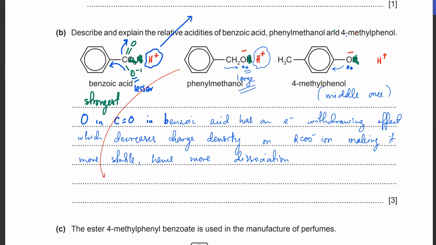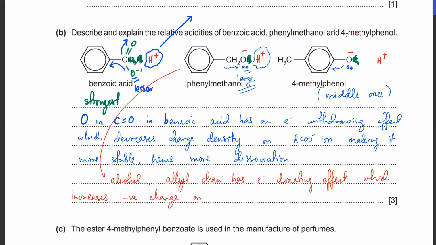So you can talk about this, that this is an alcohol. And you can say that the alkyl chain has electron donating effect, which increases the negative charge on this O-1 ion, making it unstable.